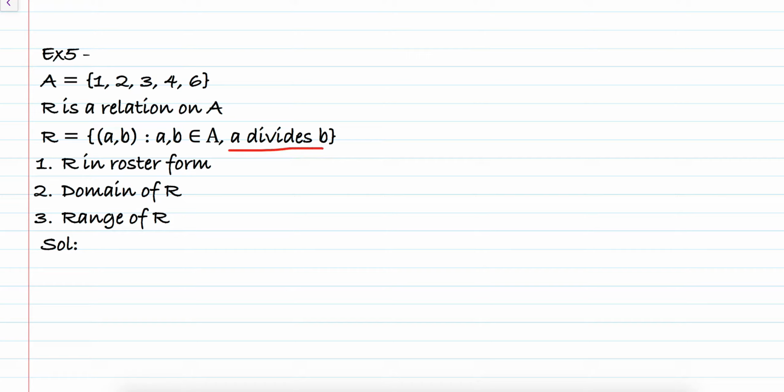So a divides b. That is, if we divide b by a, then we get a proper number, some integer. If we divide 6 by 3, we get 2.